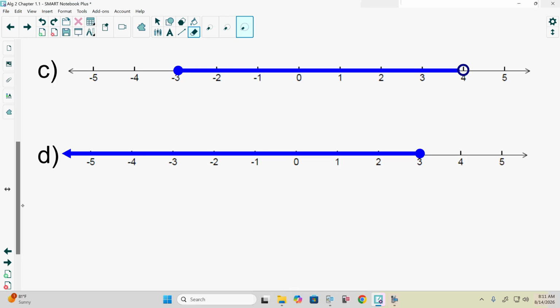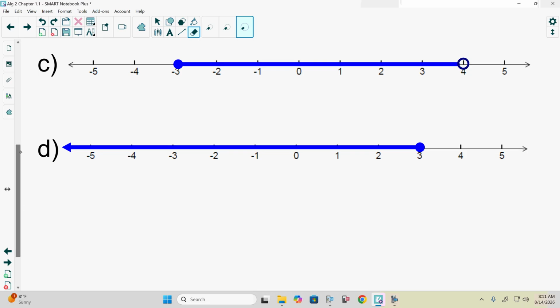So it's telling me the blue shaded part is the answer. Those numbers satisfy or make the statement true. So if I wanted to figure out which graph it was, I could pick one of those numbers, plug it in to the original inequality, and see, does this make it true? Is it a true statement? If it does, it is the correct answer. If it doesn't, it's not. We throw it out. And we'll see more of that as we go through the year.